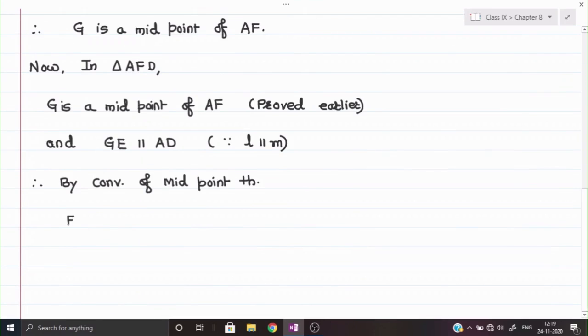So we can say that here E is a midpoint of DF. Okay, or we can say that here DE is equal to EF. Okay, that is only required to be proved in the question.